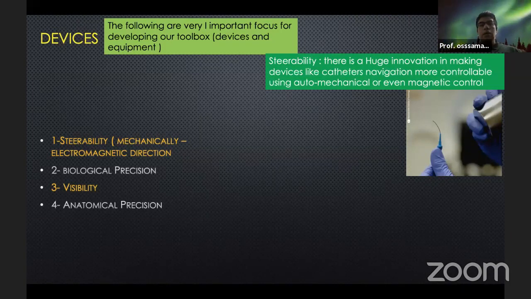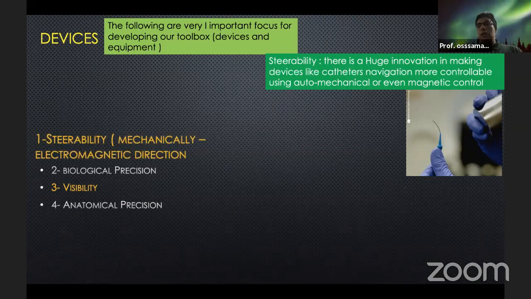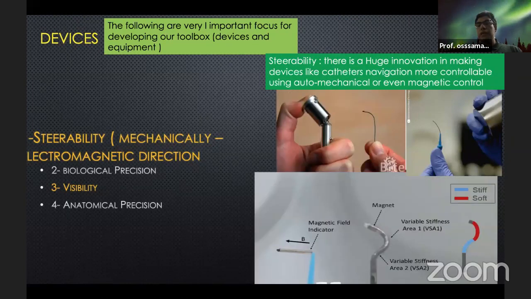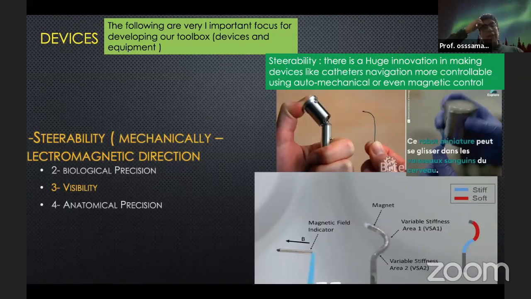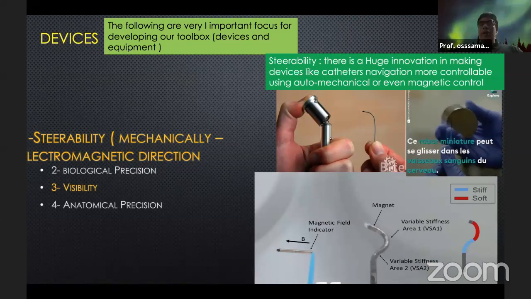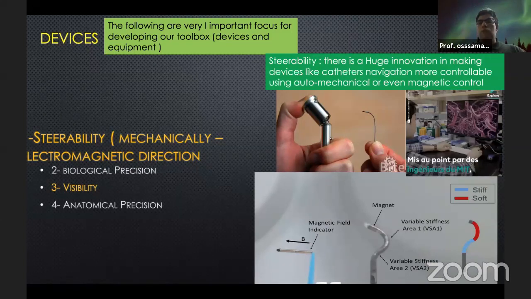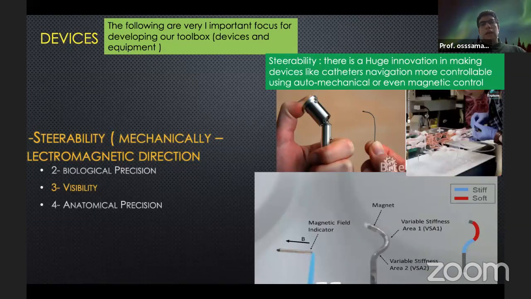One of these innovations is the work that has been done on steerability by a group of French researchers who tried to improve the steerability by using magnetic control. By this way, they can navigate with more and more accuracy to the target, especially in very tortuous anatomy.